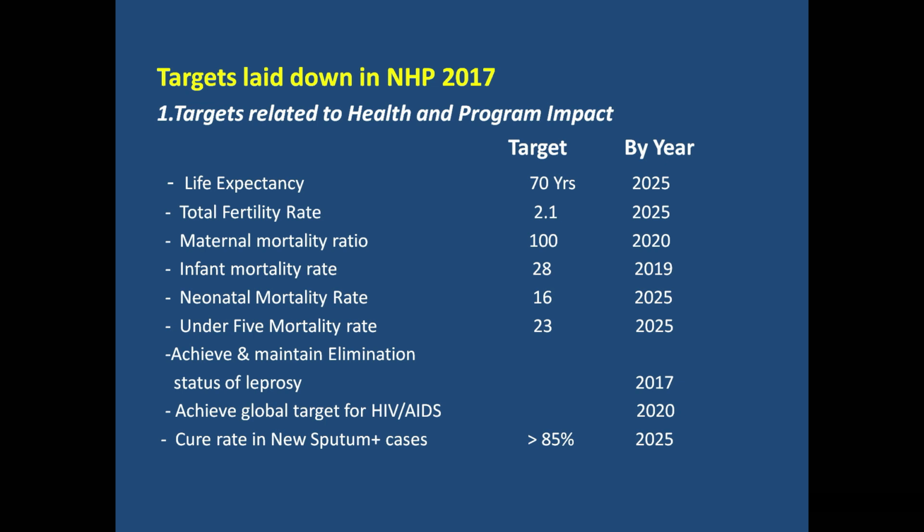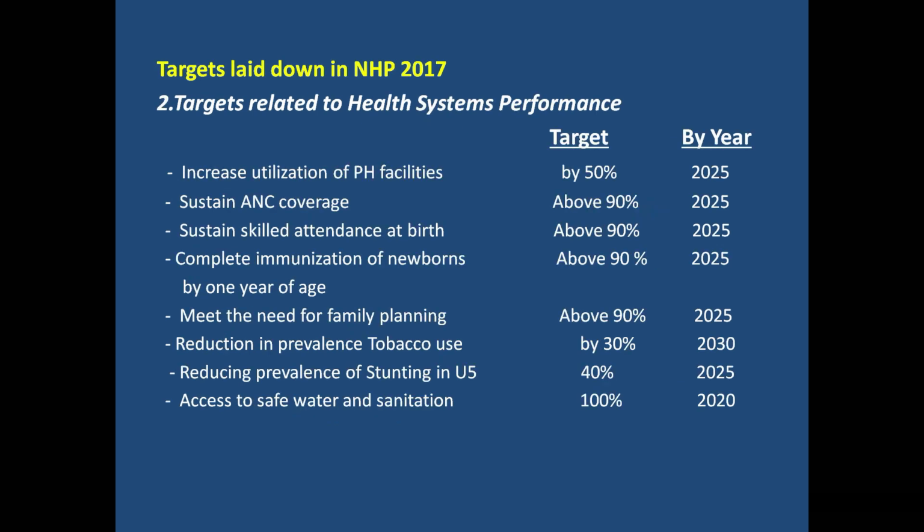Then we have targets related to health systems performance. In this case, targets like increasing utilization of public health facilities by 50% by 2025, sustaining antenatal coverage as it is, above 90%, ensuring skilled attendance at birth, complete immunization of newborns by 1 year of age, meeting the need for family planning, reducing prevalence of tobacco, reducing prevalence of stunting in children, and improving access to safe water.